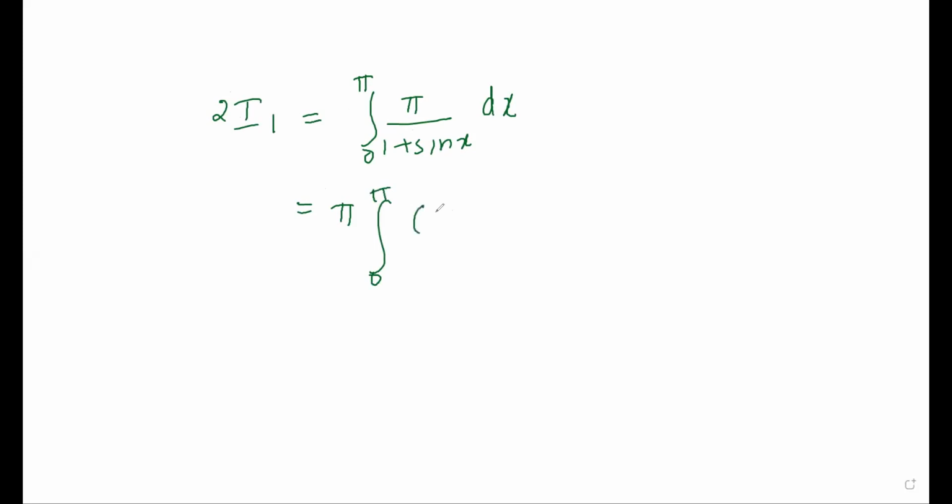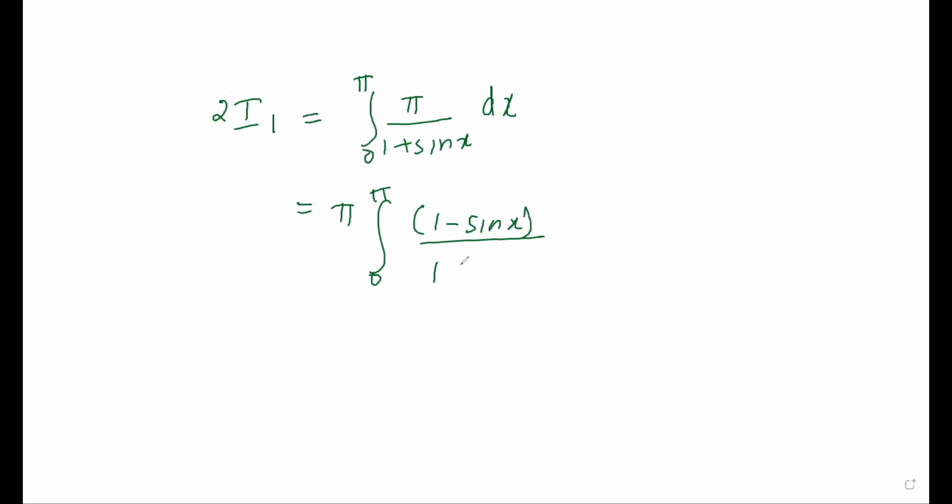Now I got 2I1 as integral 0 to pi by 1 plus sine x dx, isn't it? Now pi is constant here. For doing this integration, I am multiplying the numerator and denominator with 1 minus sine x. So in the numerator, 1 minus sine x is coming here.